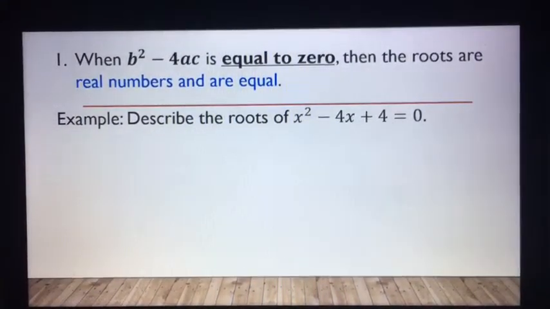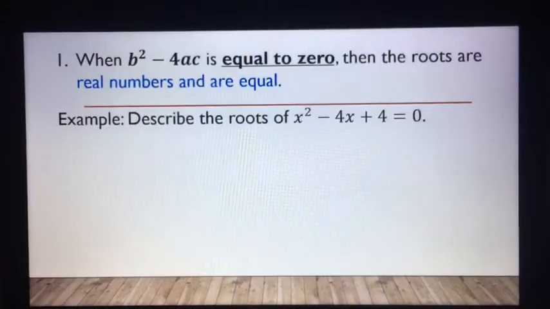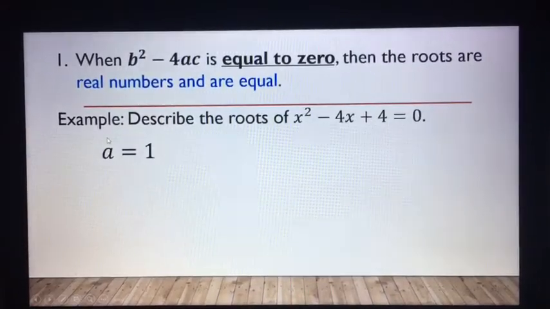We are asked to describe the roots. By solving the expression b squared minus 4ac, or by solving its discriminant, we will know right away. So, first, let us identify the values of A, B, and C.